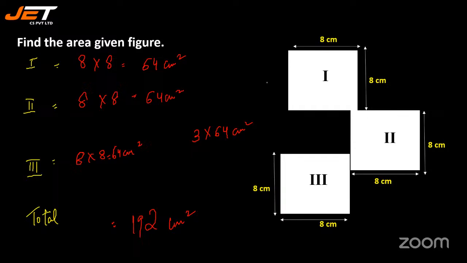So you can do it either way: you can add the areas of the 3 squares, and if you know that the measurements of the squares are the same, you can simply do 3 squares times 64, which is equal to 192 centimeters square.